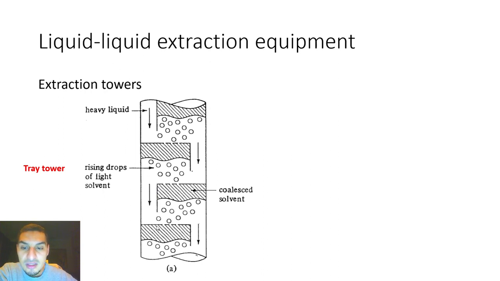And here you would see that the mass transfer actually occurs below the tray. It's not above the tray as we do in distillation, because of this difference in nature of the two fluids flowing in the separation column.